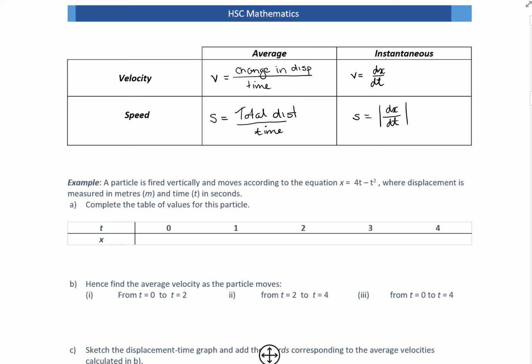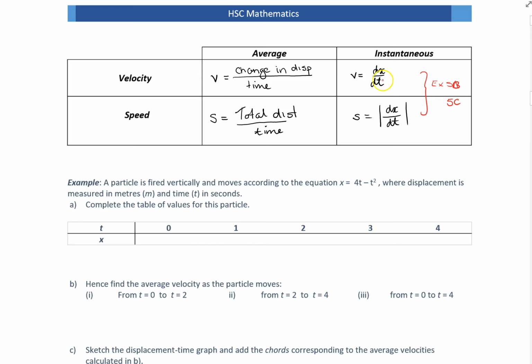And we won't come to these two until exercise 5A and 5B, 5B and 5C, because you can see here that those formulas involve calculus.